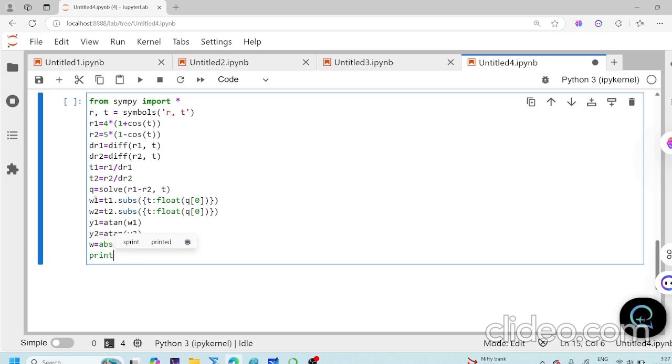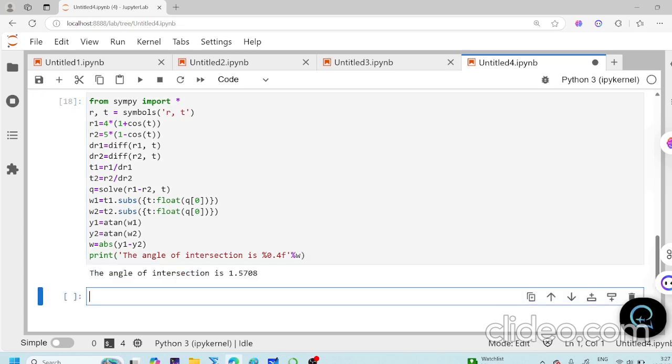Print the angle of intersection is, we want to print the value in float, with 4 decimals, percentage W. Let me run. So 1.5708 is the angle of intersection of those two curves.